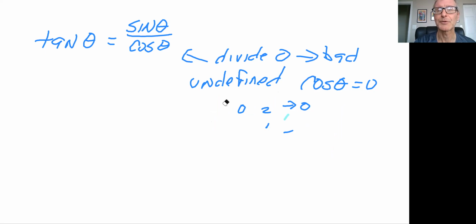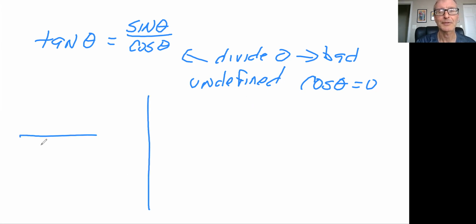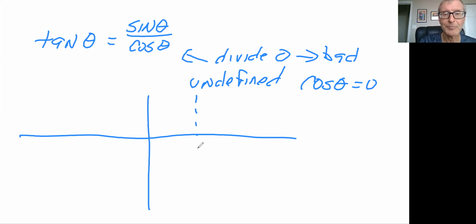So the way we think about this is that when you want to sketch the tangent graph, and again, I'm not going to really focus on this aspect too much in our class, the first thing you want to think about is where are the points that are undefined? Well, we have an undefined point at pi over 2. We have an undefined point at 3 pi over 2.